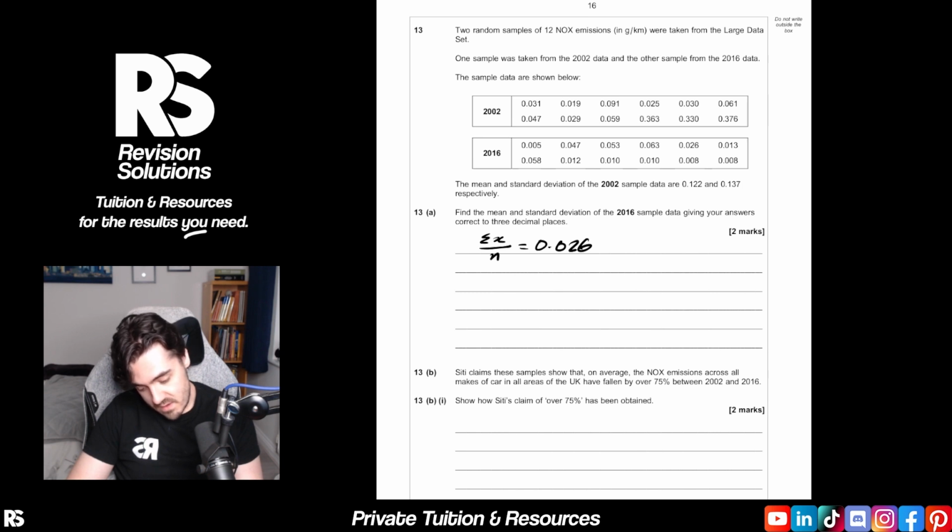And then to find the standard deviation, the standard deviation is the square root of the mean of the squared data minus our mean squared.